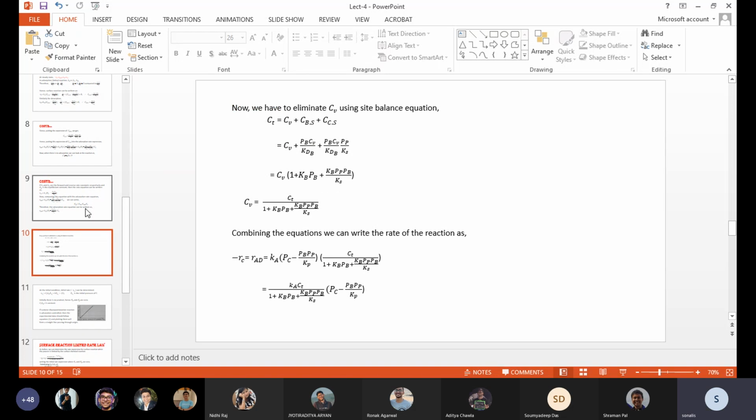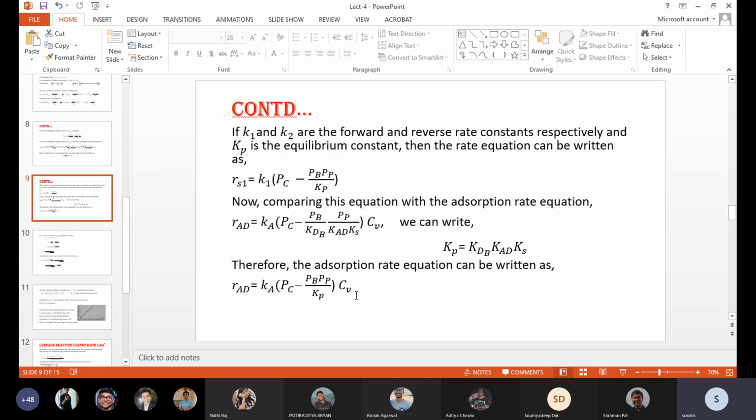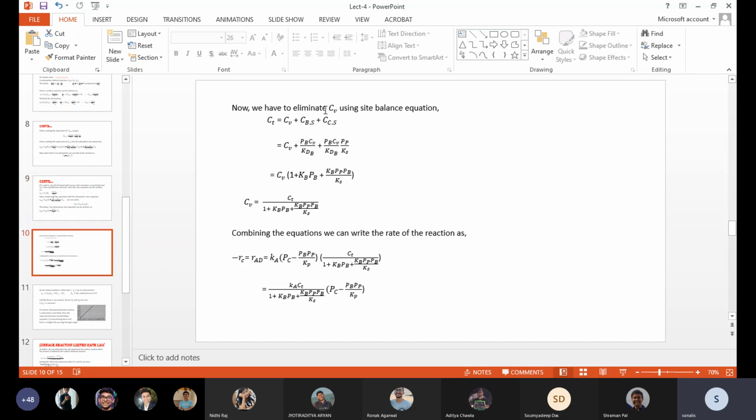Now there is a Cv. Cv is an unknown quantity. So how can we replace the Cv? There is a way we can replace Cv, just do the site balance. Site balance is total site concentration before the adsorption, Ct, is equal to Cv. Cv is the vacant site concentration, and two occupied site concentrations, which B is occupying, and B is the benzene product, and C is the cumene, which is occupying.